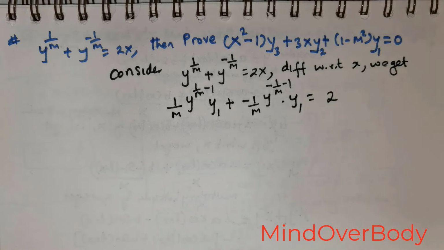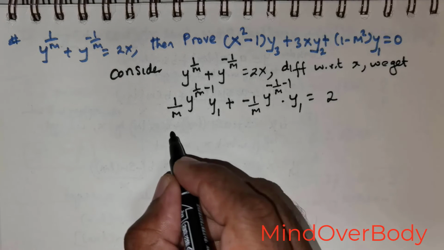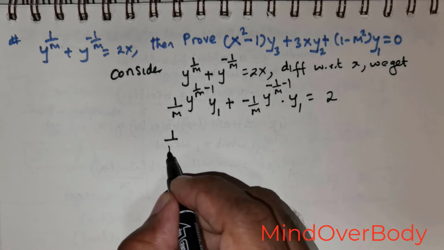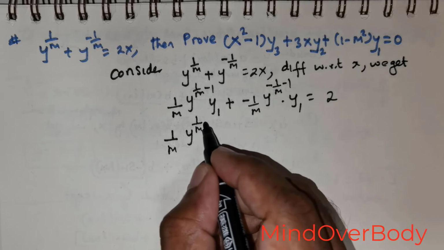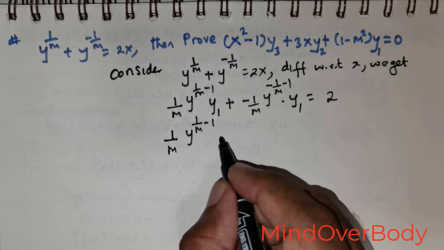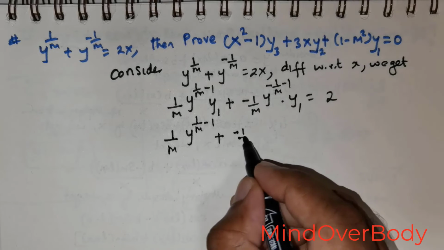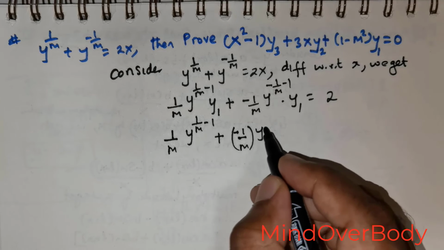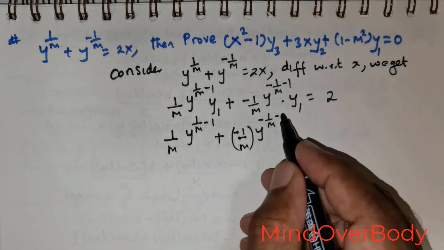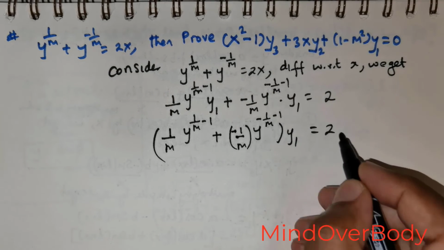Now what I wish to do is I would foremost like to take y1 out. So this is going to be 1 over m times y raised to the power of 1 over m negative 1, positive followed by negative 1 over m times y raised to the power of negative 1 over m negative 1, times y1 is equal to 2.